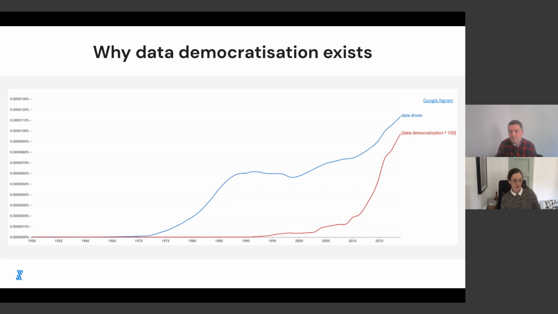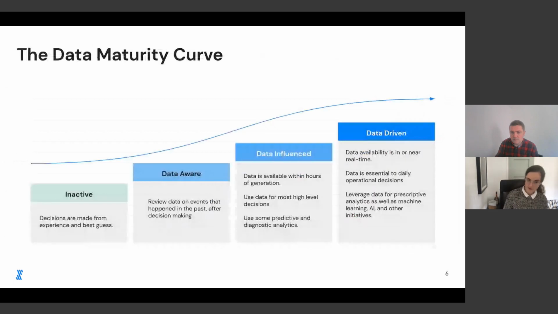It's obvious that people want to be data driven, not entirely driven by data, which we'll get into later on in the slides, but it makes perfect sense. And looking at the trends in that space is quite interesting. What is also interesting is when you talk to people about being data driven.